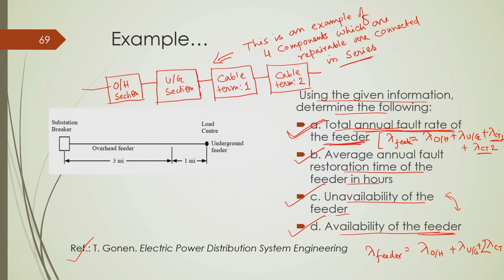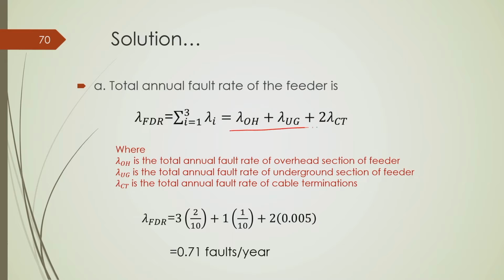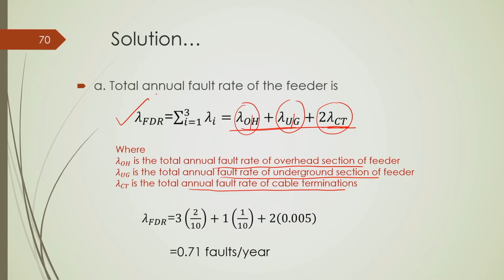Here OH represents the total annual fault rate of the overhead section, lambda UG represents the total annual fault rate of the underground section, and lambda CT is representing total annual fault rate of the cable termination. Now, if we know these values of lambda OH, lambda UG and lambda CT, we can find out the total annual failure rate or fault rate of the feeder.